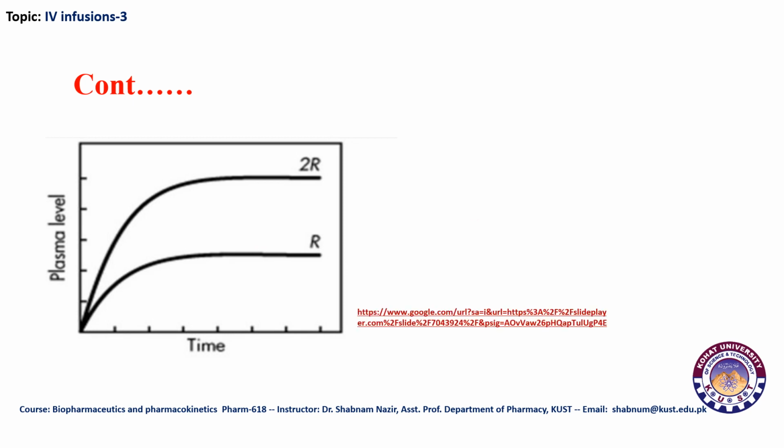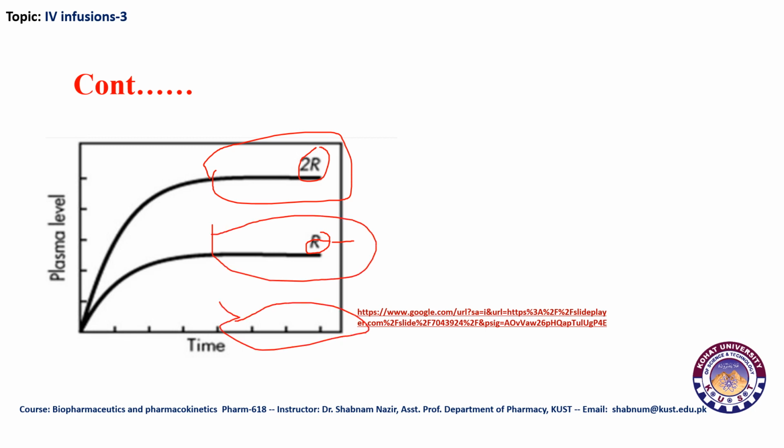So this one is showing rate R at a certain level, but this one is almost double the previous one, and still you can see that this state and this state, relevant to the time when you begin to achieve it, remain the same in both cases.